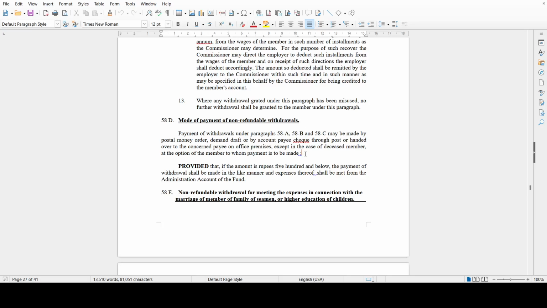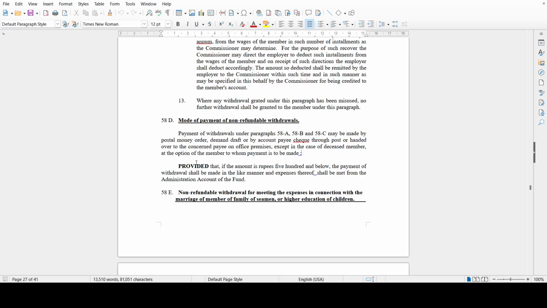So if you do not nominate anyone, you must provide the details of your nominee. In case of unfortunate demise of the seafarer, the money is unclaimable, nobody can claim it. So that is why you must provide the nominee details.